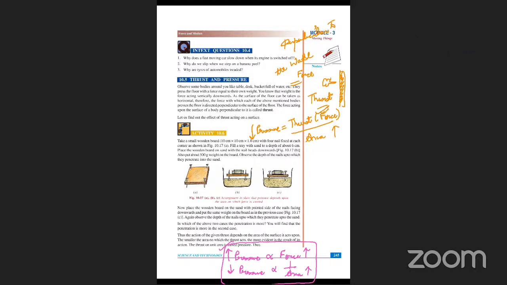I will feel less weight, or less pressure, of the bag on my shoulder with the wide strap. With the thin strap, it will go inside my shoulder and there will be more pressure. So that's the thing about pressure and area. Understood? We'll take one more example. Write it down.